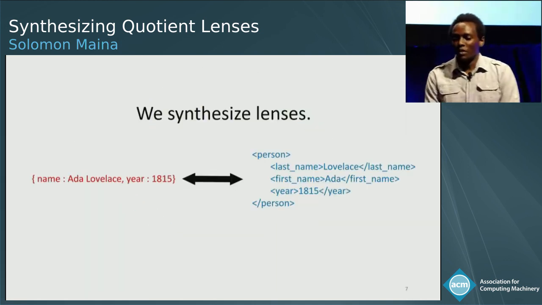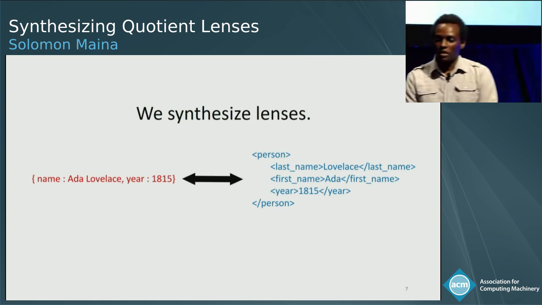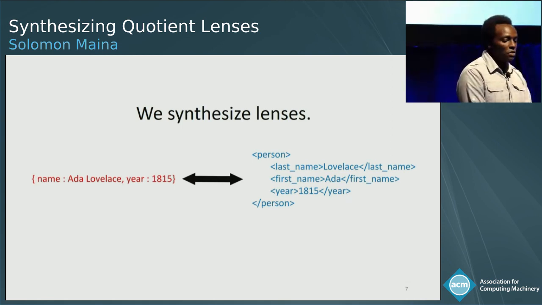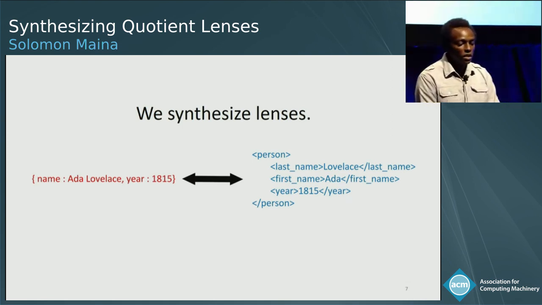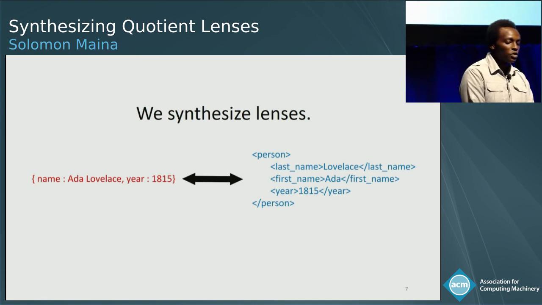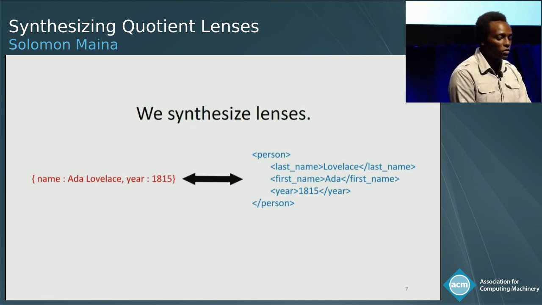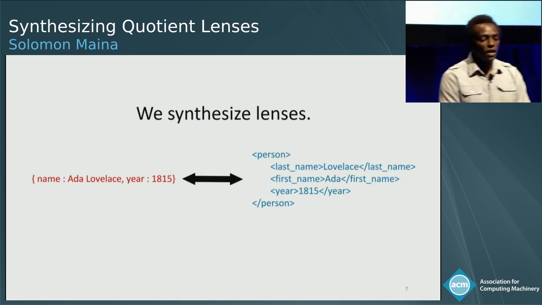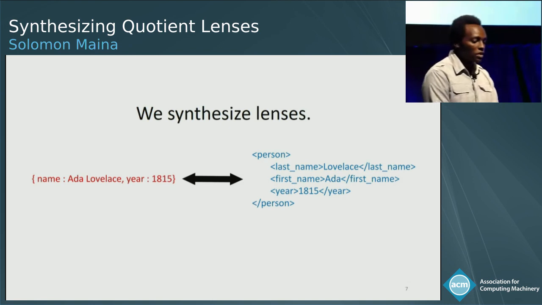In a little bit more detail, as I said before, in our work, we're interested in synthesizing lenses. An example of this is a lens, or a bidirectional transformation, which transforms data in JSON format to data in XML format. On the JSON side, we have just the full name and the year of birth.